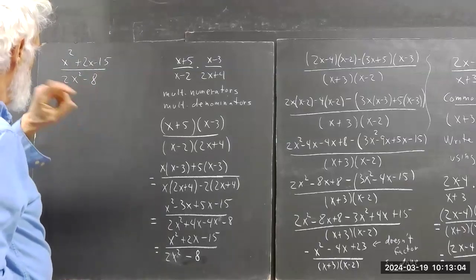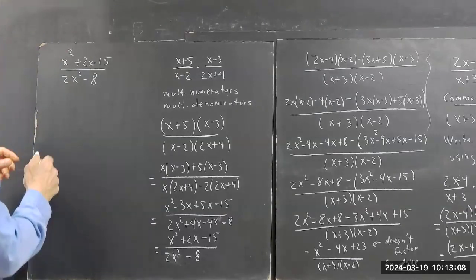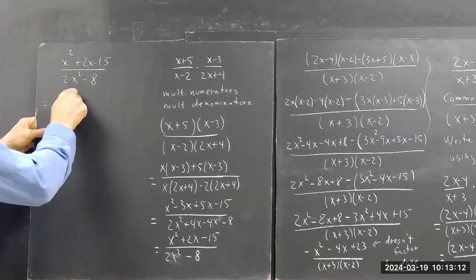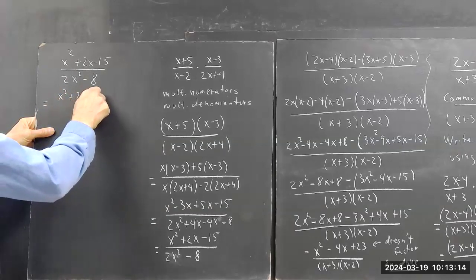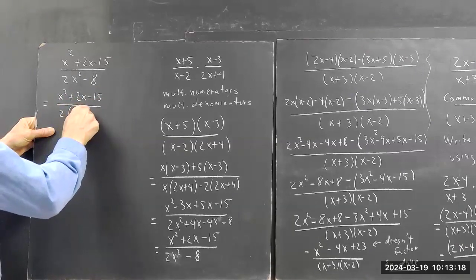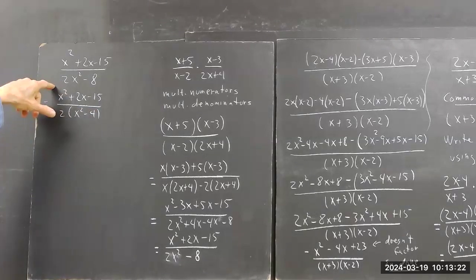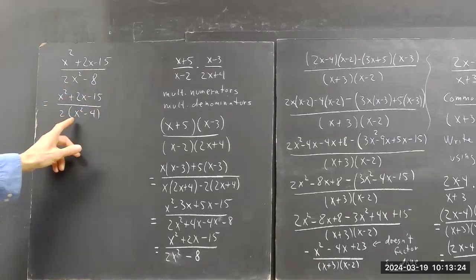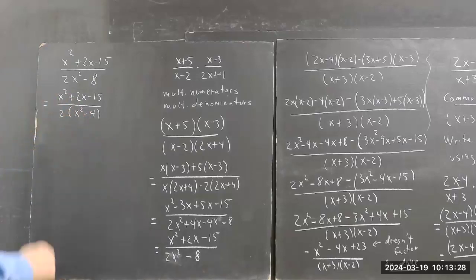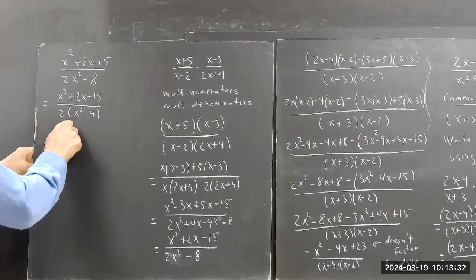Turns out the 2x squared minus 8 factors. We can factor out the 2 and we get 2 times the quantity x squared minus 4. And that's one of our special products.